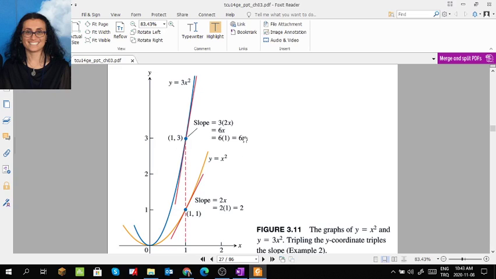And slope is 3 times the slope of the y is equal to x squared curve. Okay? So you're going to see this at every point. It's going to be just 3 times what you have at that particular point. If you look at the point 2, definitely if you compare the slopes, one is going to be 3 times the other. Okay? Let's continue.